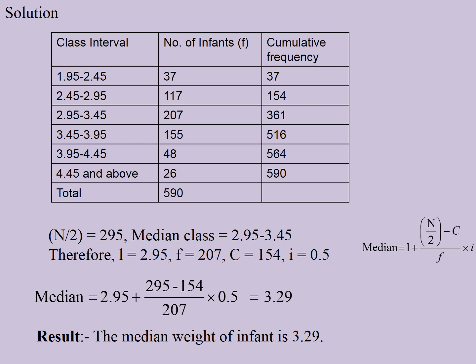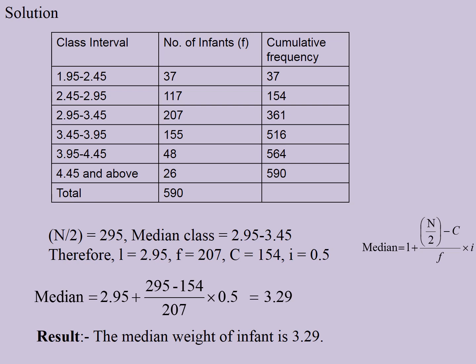After that you have to select the lower limit of that particular selected median class. Now the selected median class interval is 2.95 to 3.45 kgs. So the lower class value is L is equal to 2.95. F stands for the frequency or the number of infants in that particular selected median class.